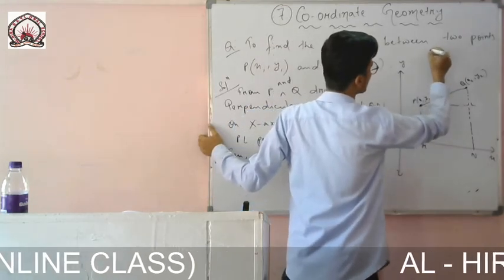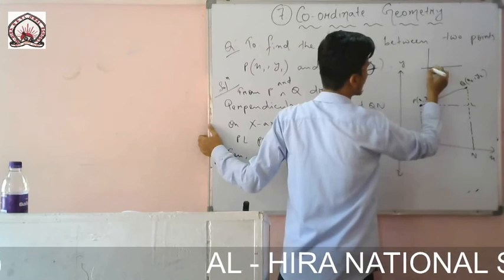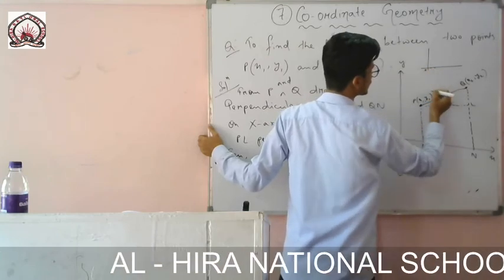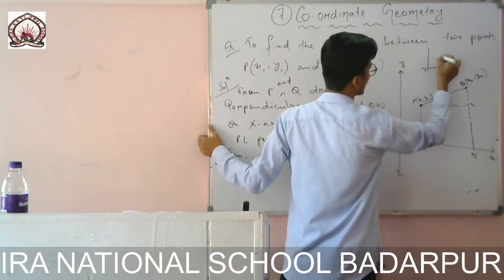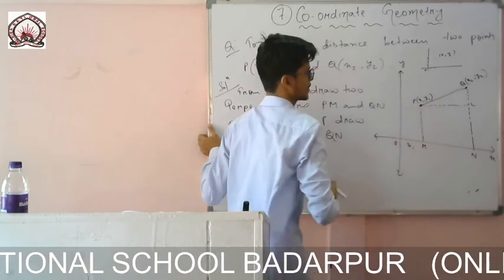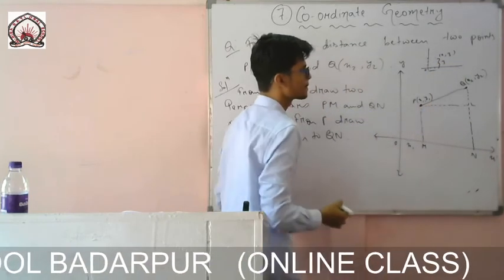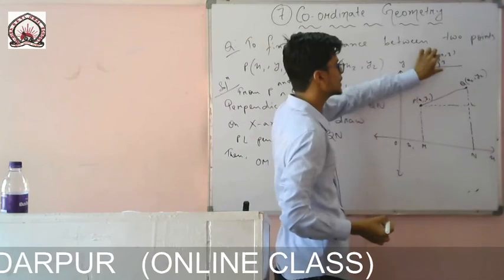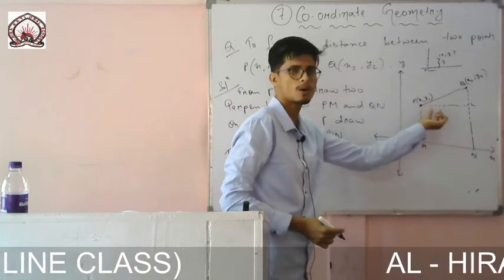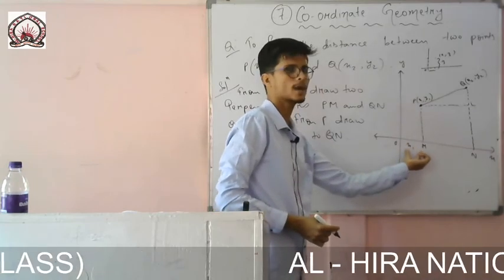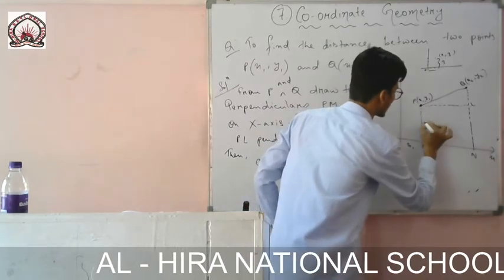If you are getting confused, if I want to plot 2, 3, then from 0, I will go 2 units, then I will go 3 units in this direction. So this is 2, 3. That means this distance is 2 units, and this one is 3. Same here, the coordinates are x1, y1. That means this distance OM is x1, and PM is y1.